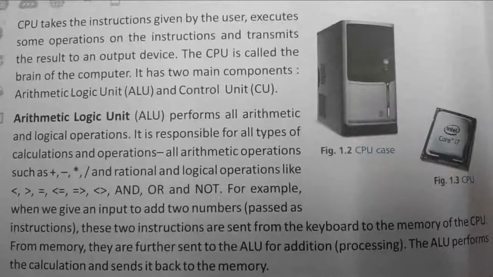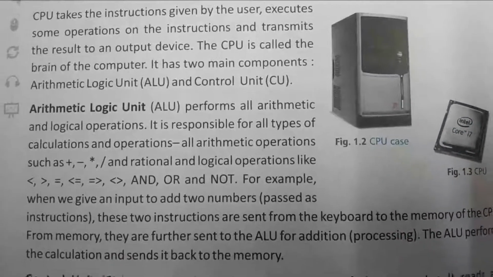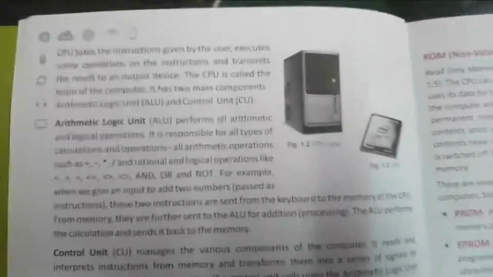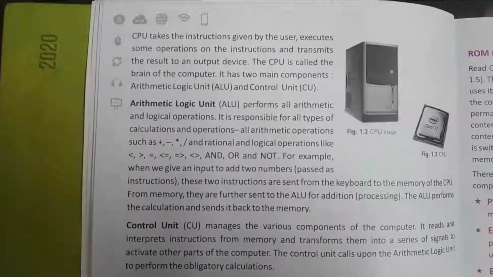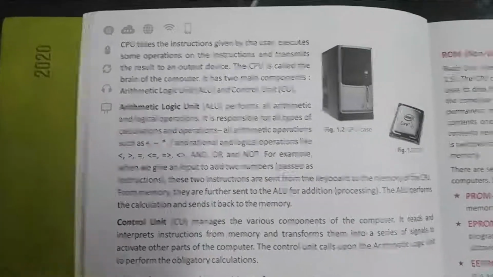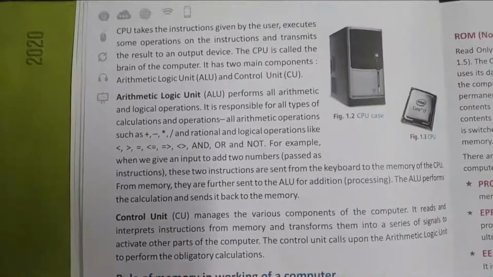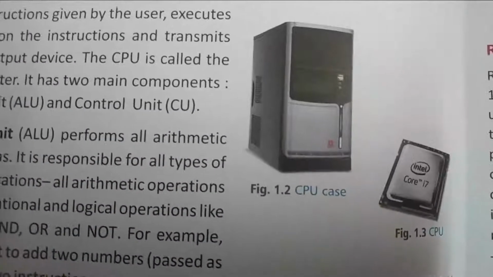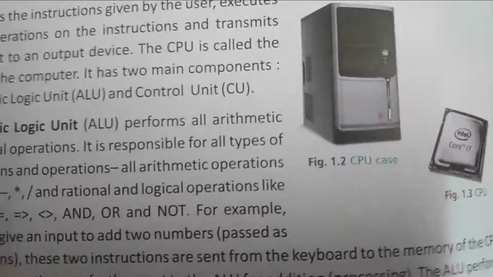It has two main components: arithmetic logic unit and control unit. Inside the computer there are a lot of processes that take place. So these processes take place inside this box. This is called the CPU. Inside this we have some other components.